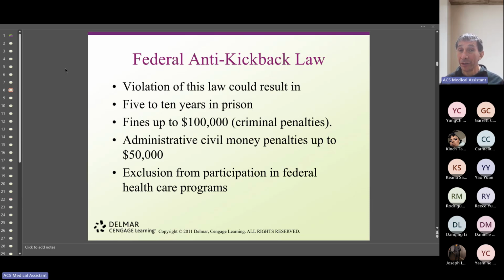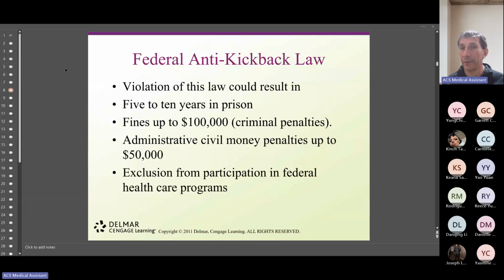Remember, medical providers abide by civil law, not criminal law, because most of the things that happen in the medical field are not intentional, except for this, because this is fraud. And fraud is an intentional act for gain, just monetary or some personal gain.